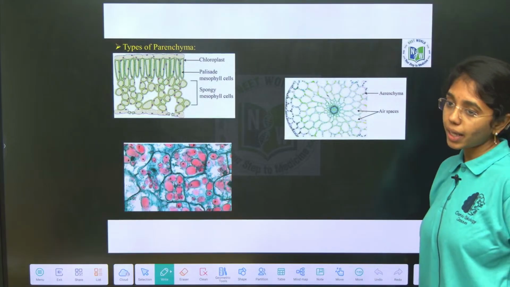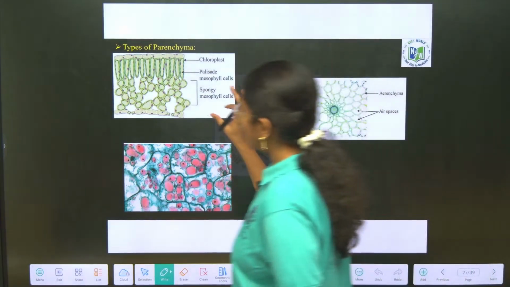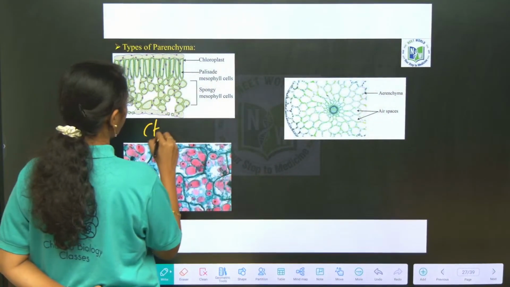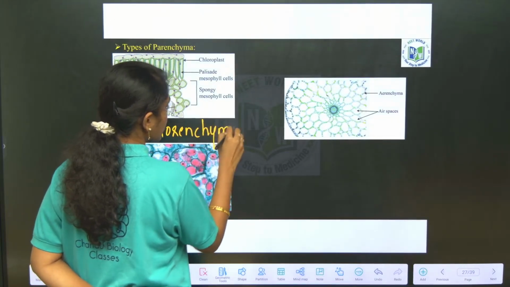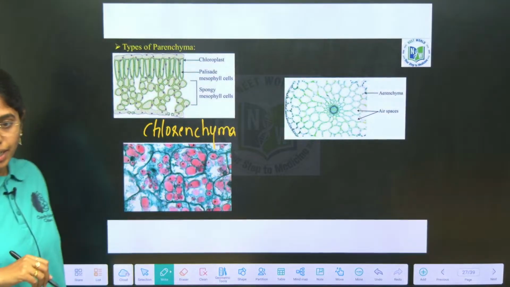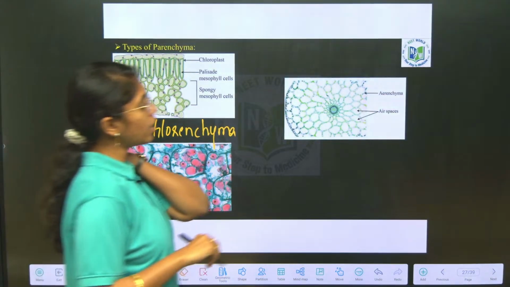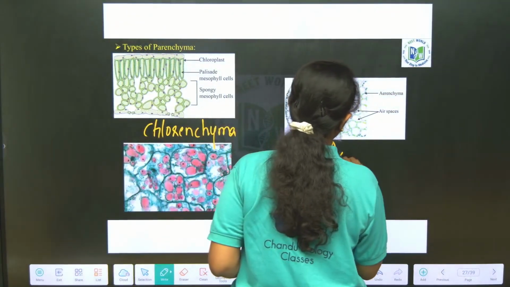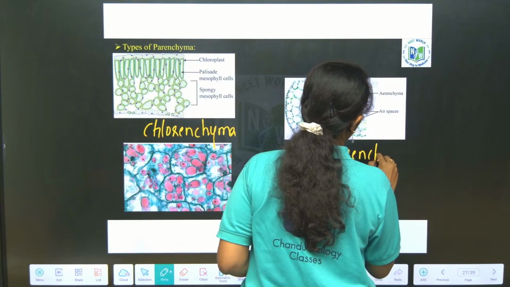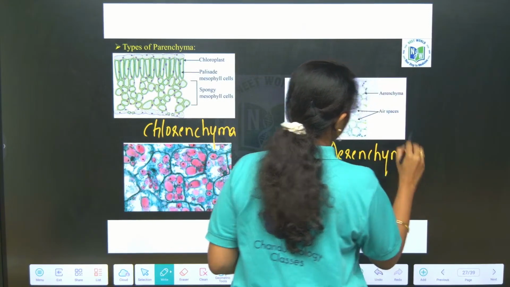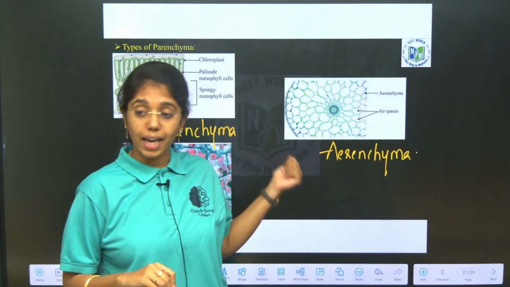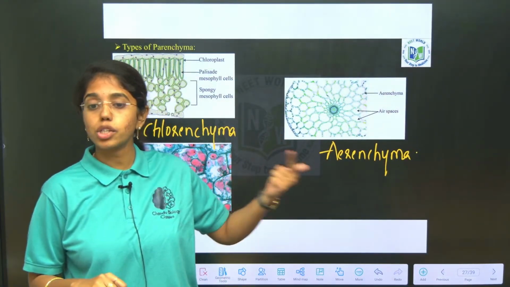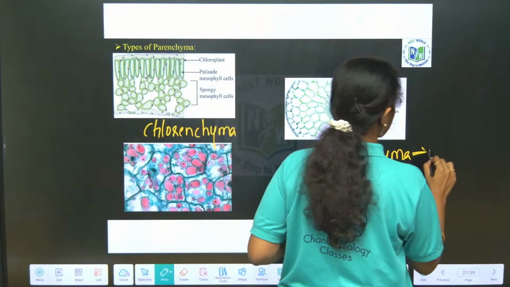Next you see types of parenchyma. We have different types of parenchyma. First is chlorenchyma, the parenchyma which has chloroplast in it and conducts photosynthesis. Here you see aerenchyma, the type of parenchyma which has air sacs that promote buoyancy, and this is present in the hydrophytes.